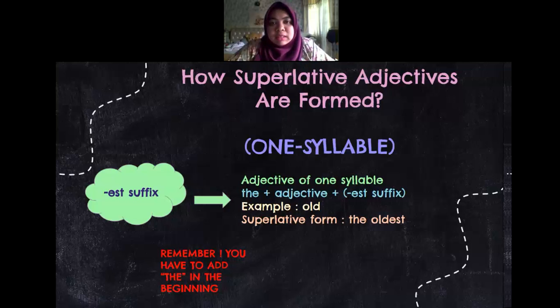When we want to add the suffix "est", you have to add it at the end of the word old. And in order to form the superlative form, you have to add "the" before the adjective. So it will turn out to be "the oldest". And "the oldest" is the superlative adjective for the word old. Next slide.